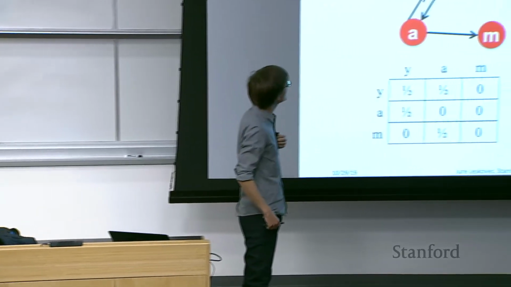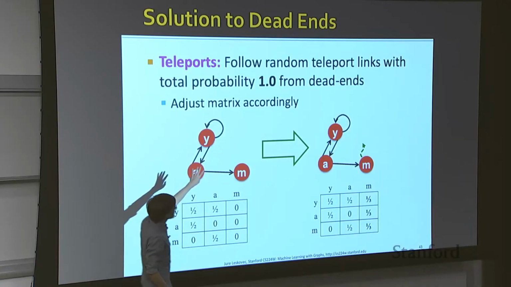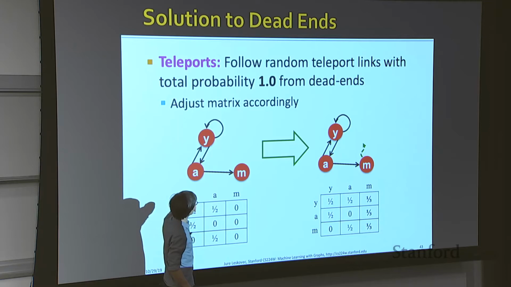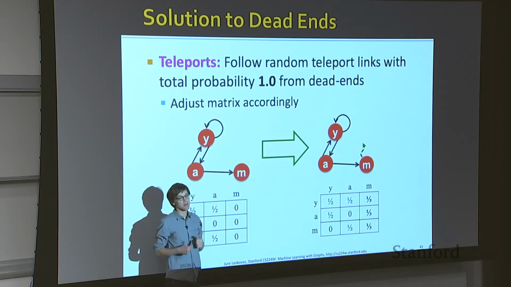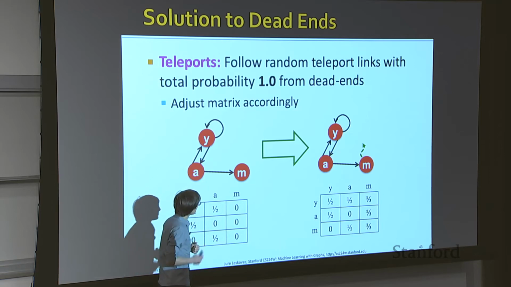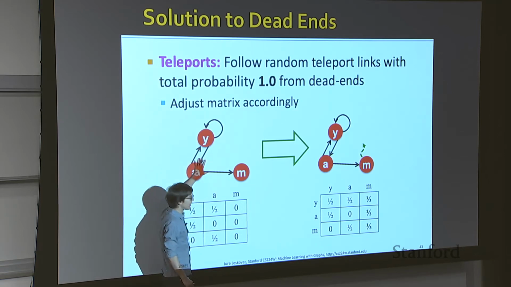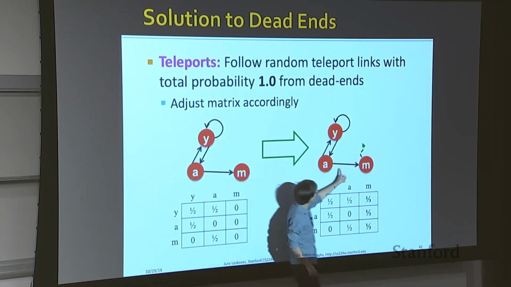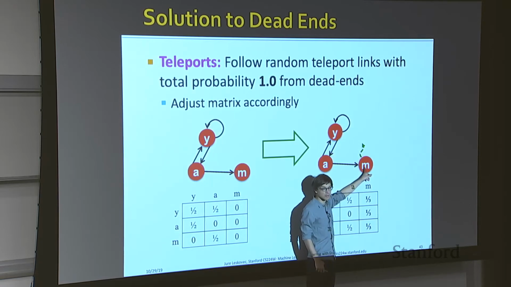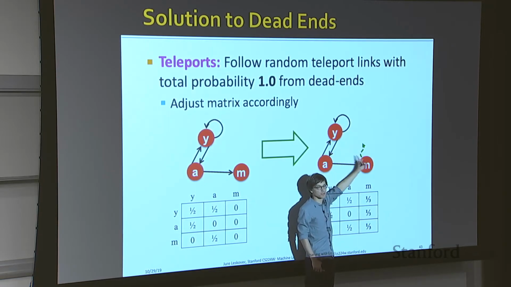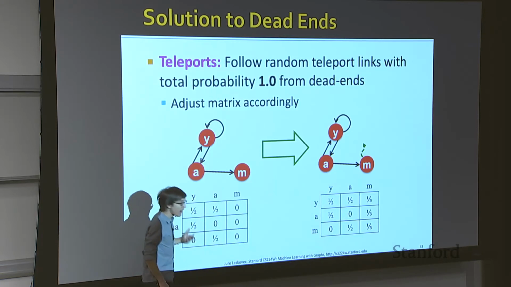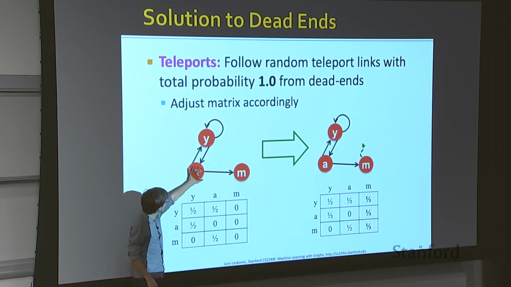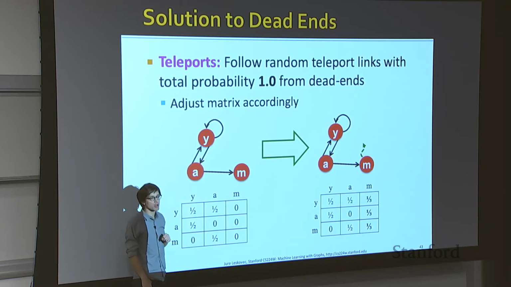And then what is the solution to the dead ends? The solution to the dead ends are also teleports, where basically we say if you come to a dead end, always teleport, right? So the idea is that rather than thinking of this graph like that, we think of it that if I come to M and there's nowhere else to go, I'll just teleport with probability 1. Okay? And why is this important? Because before we were saying that M has to be column stochastic, right?